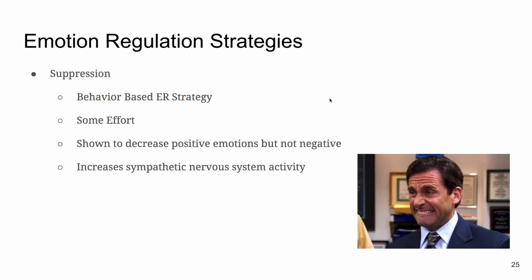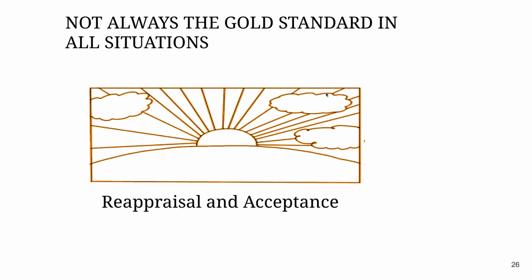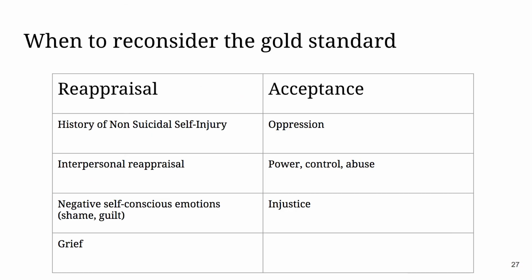But it's very appropriate, because how rude would it be if I started laughing at a funeral? There are situations where suppression is adaptive. So reappraisal and acceptance are not always the gold standard.